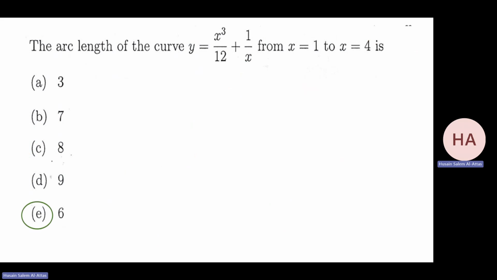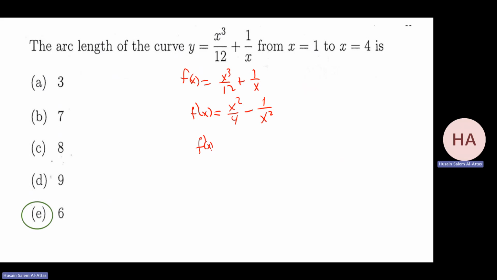Okay. The arc length of this curve from 1 to 4. I have this is f of x. I need the trick of this half. F prime will be what? x squared, 3x squared over 12, which is x squared over 4, minus 1 over x squared.